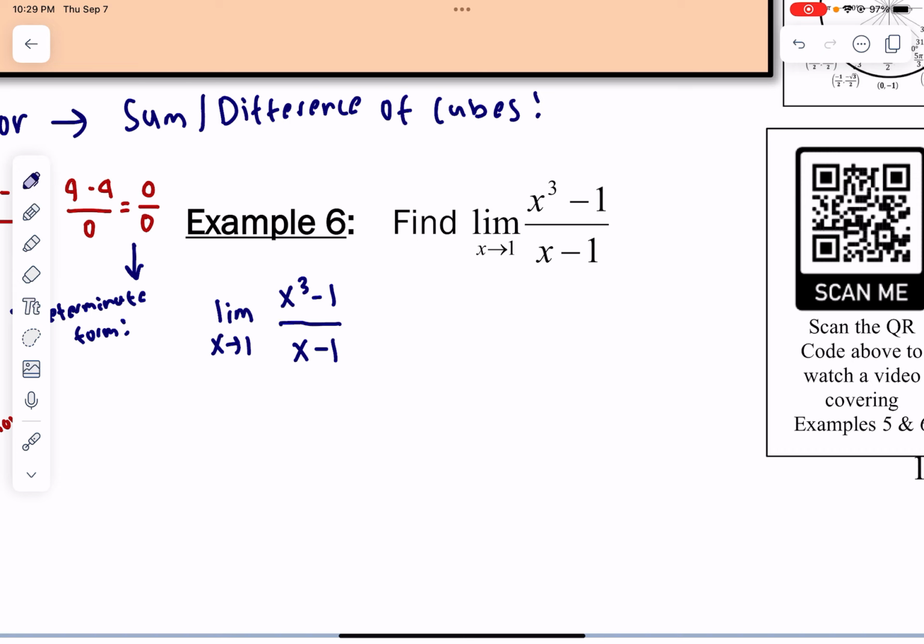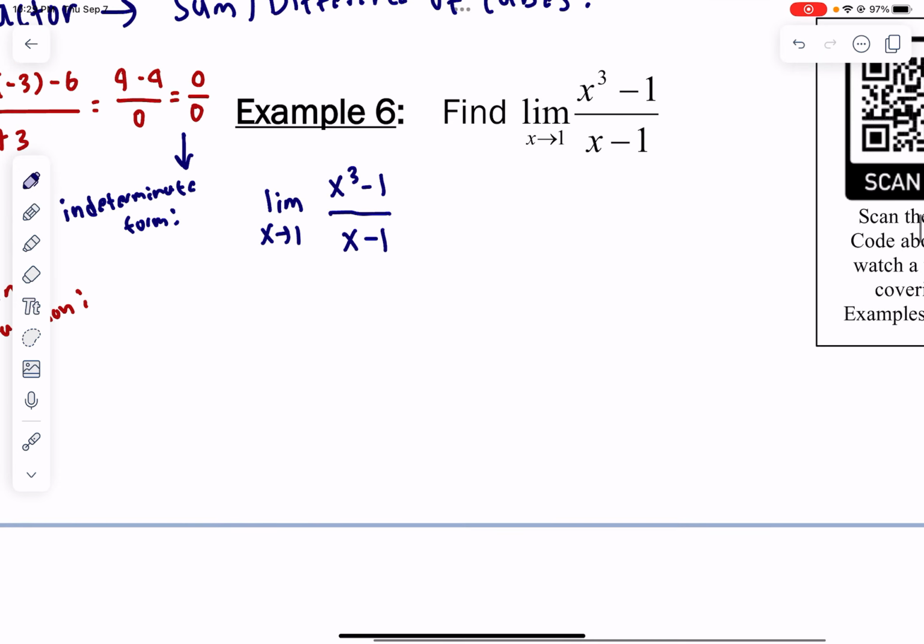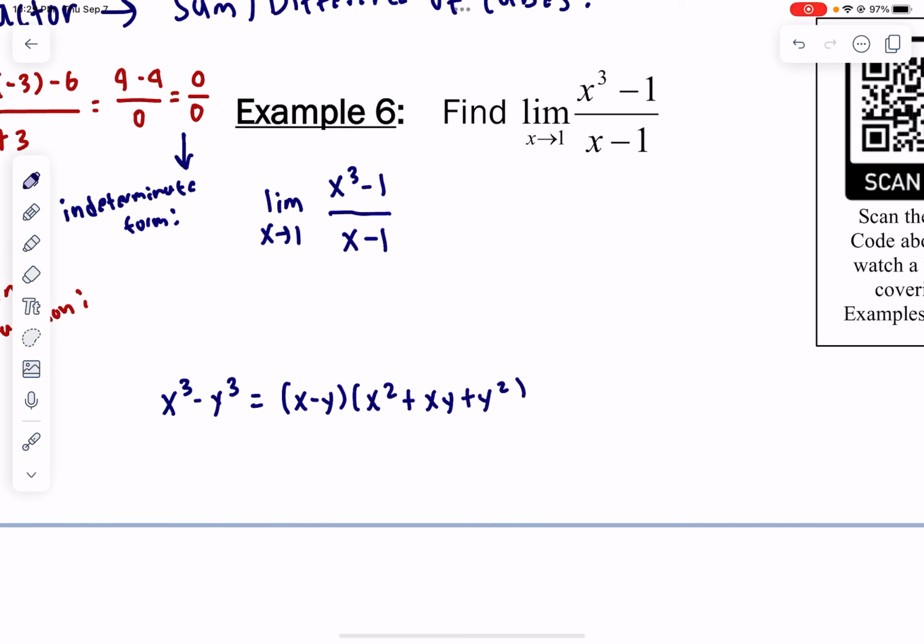So we had two different expressions. It was x cubed minus y cubed, and we can factor that by saying x minus y times x squared plus xy plus y squared. So this is the difference of cubes. This is how we factor a difference of cubes.